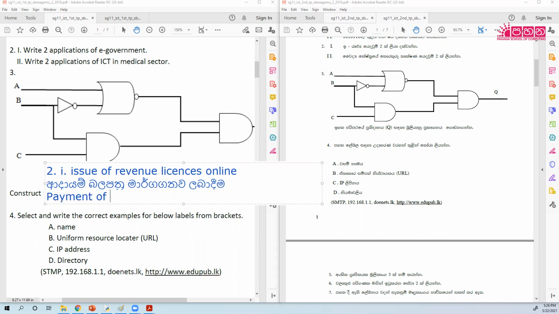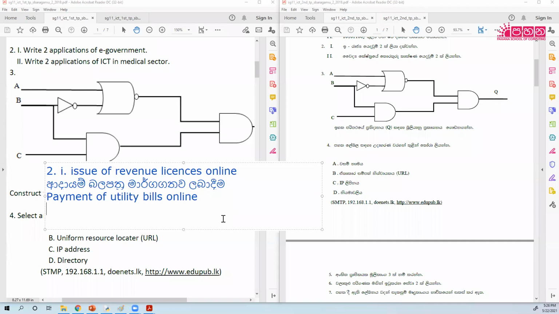Payment of utility bills. We can put it online, water bill, electricity bill.